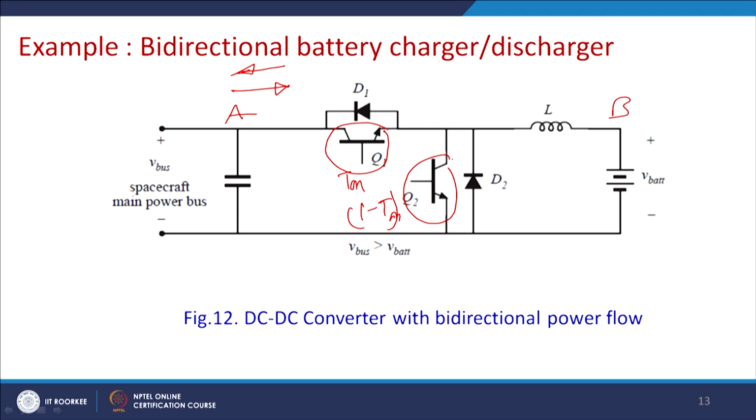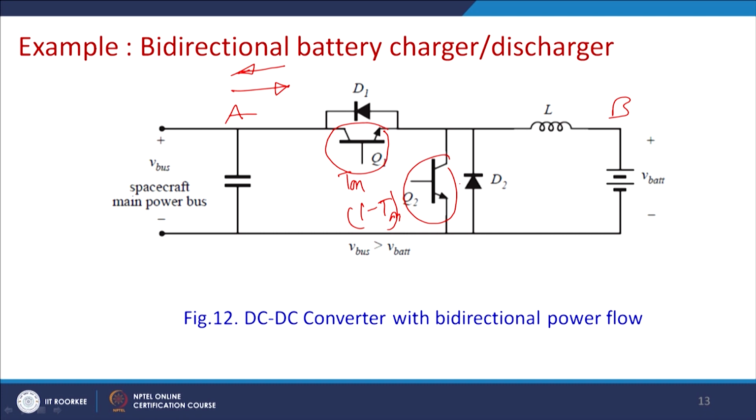So, ultimately the diode will conduct when it is in the freewheeling region, but when boost mode comes into the picture, then essentially Q2 and D1 come into the picture.